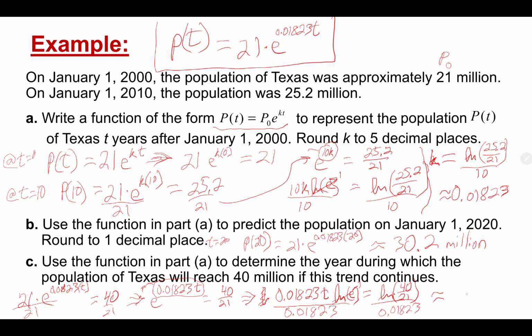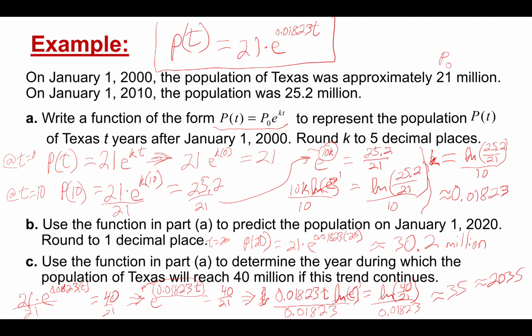This is approximately 35. So 35 years added to 2000 would be, again, approximately the year 2035. Sometime in that year is when they would reach the 40 million population.